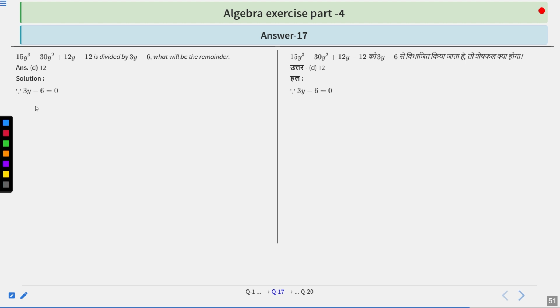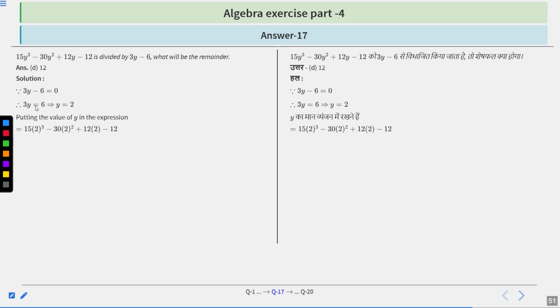Because 3y minus 6 is equal to 0, then 3y equals 6. Therefore, y is equal to 6 upon 3, 2. Putting the value of y in the expression, we get 15 into 2 cubed minus 30 into 2 squared plus 12 into 2 minus 12.